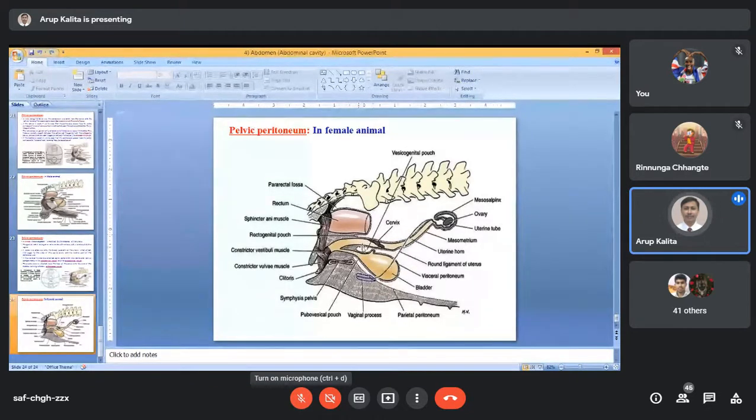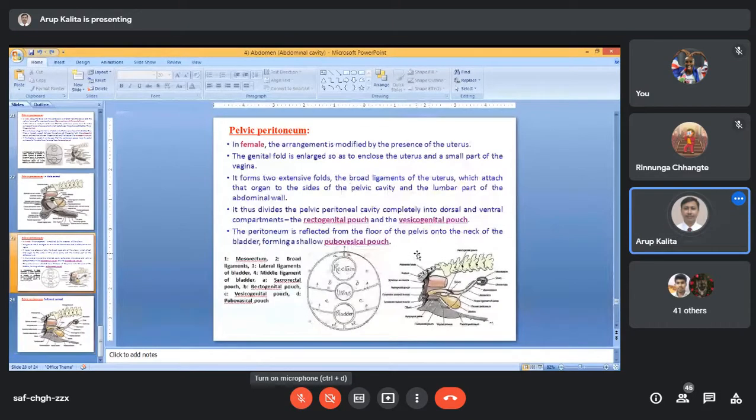In the female, the genital fold is modified into broad ligament. So in the female, you won't find the genital fold. You will be getting the broad ligament. So that is the difference in case of male and female in the pelvic peritoneum. So this is all about the peritoneum and the abdominal cavity.